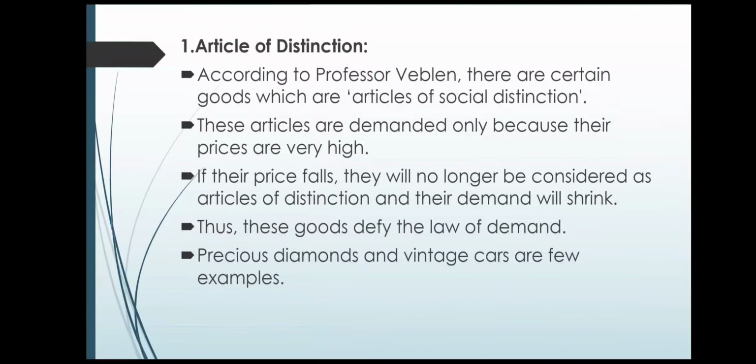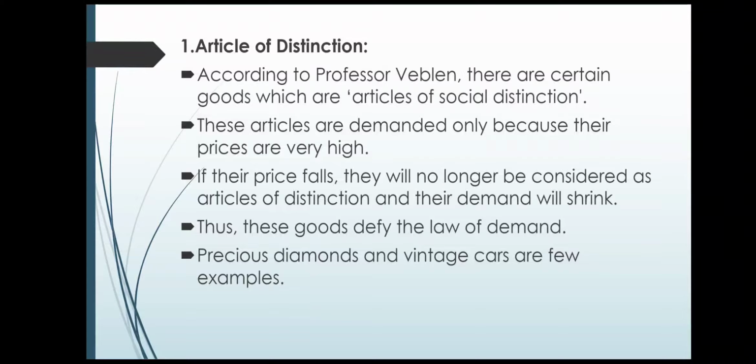So the first one is article of distinction. According to Professor Veblen, there are certain goods which are articles of social distinction. These articles are demanded only because their prices are high.